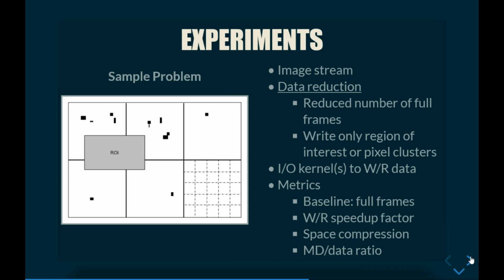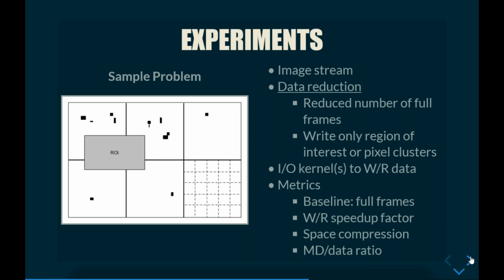Then we compared to the baseline, and the baseline in this case would be to acquire full frames over time, to look at what kind of speedup we can achieve in terms of write and read speeds, what the space compression is, so how much smaller the files are that we generate, and also keep an eye on the ratio of metadata to data.